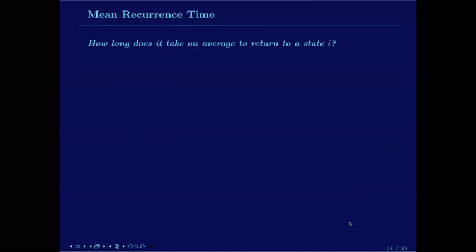Now we have looked at the recurrence time, that is a random variable. So we can also look at the mean of this random variable, provided it exists. So how long does it take on average to return to a state I?